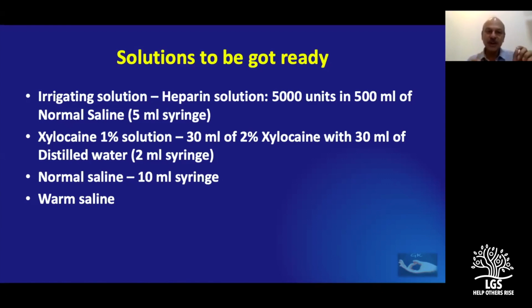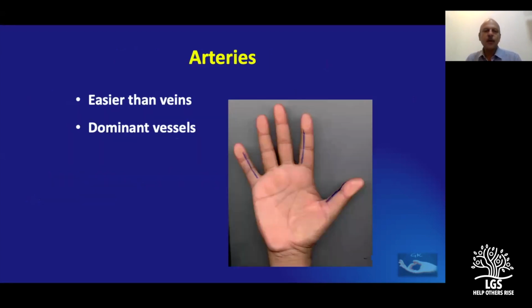We should use only the irrigating solution, which is a heparin solution. Xylocaine 1% solution should be used only after the anastomosis has been done and the vessel ends are closed. So only in a closed situation we use xylocaine, and when the vessel is open, you can use heparin solution or even normal saline. Heparin is always better.